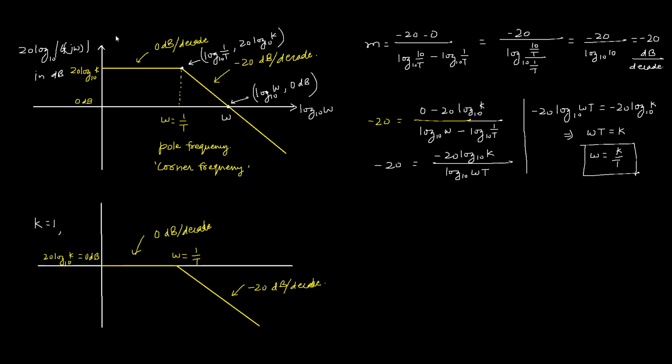And if the value of this k is less than 1, still positive, k greater than 0 and less than 1, then the value of 20 log k base 10 is negative. Then the plot starts below the 0 dB value.